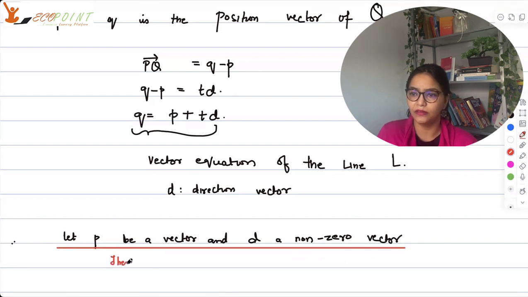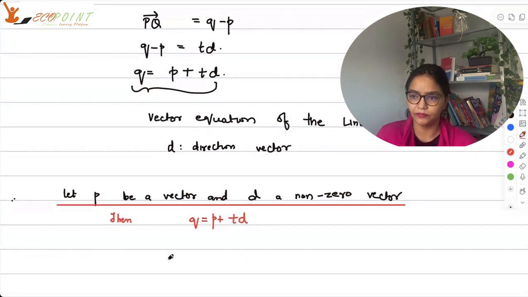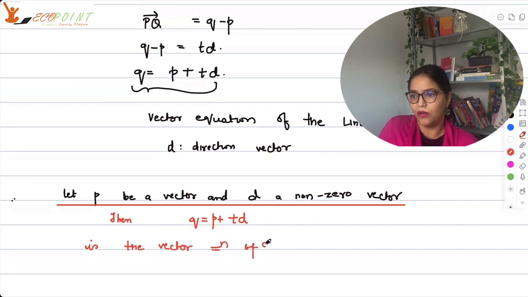Then q equals p plus T times D is the vector equation of a straight line L.